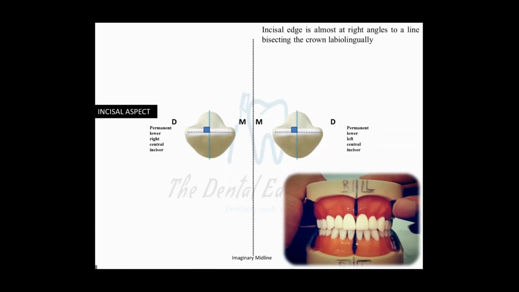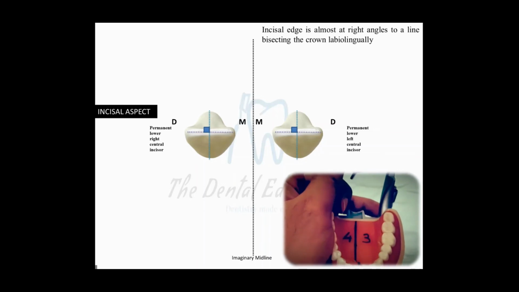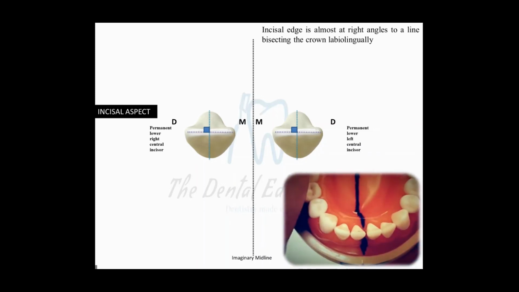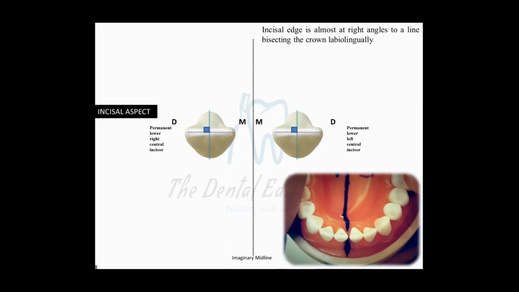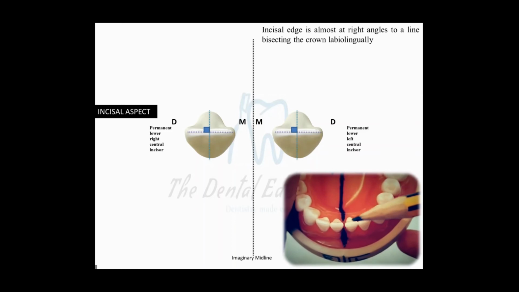So now going through the video demonstration, we can see that for the mandibular central incisor, the labiolingual and incisal lines cut each other at a 90 degree angle. You can see the incisal ridge is straight.